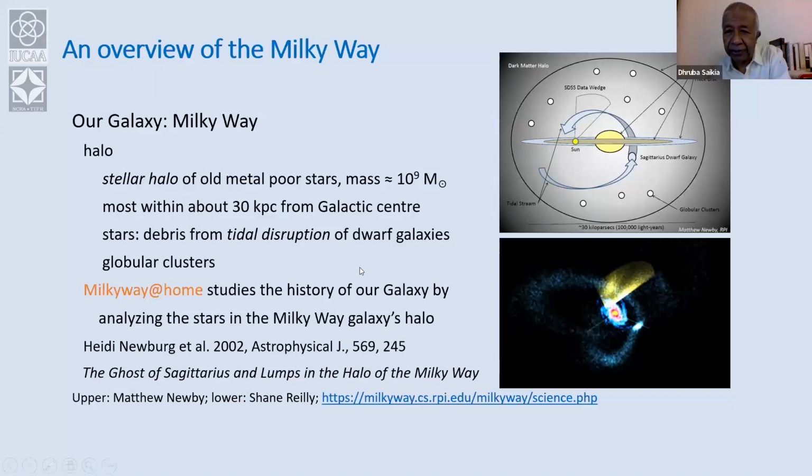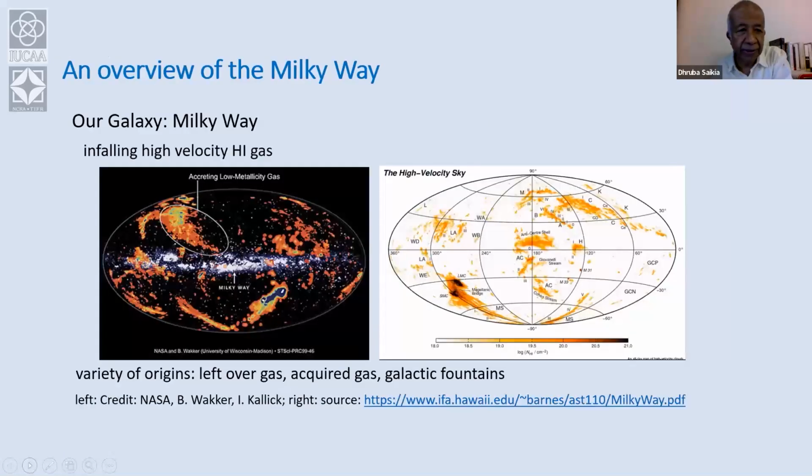They found concentrations of stars which could trace the trail. And this is a reconstruction of the orbit of the Sagittarius dwarf galaxy, from which you can infer the existence of halo stars from tidal disruption of dwarf galaxies.